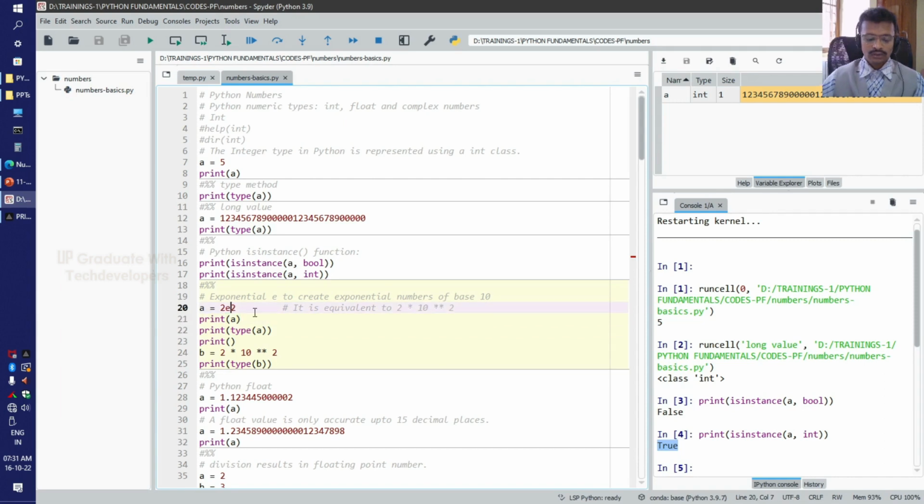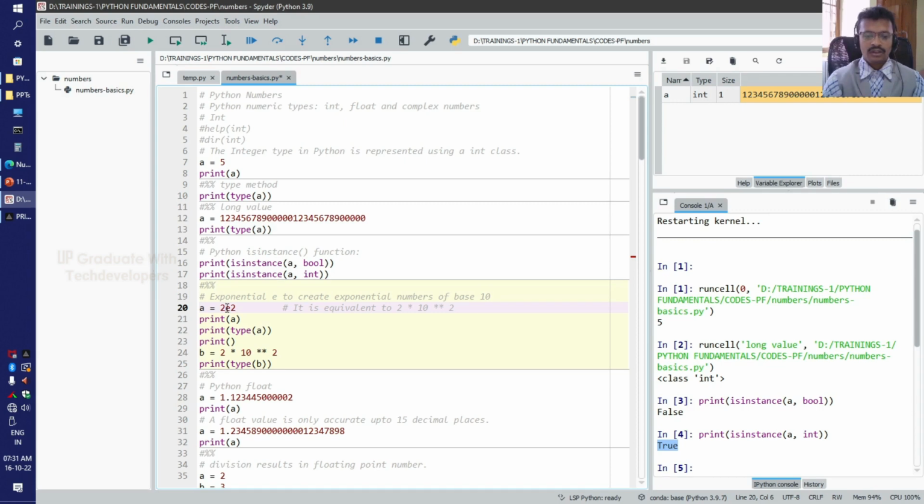Here I can't use the star symbol, otherwise it results in an error. There should not be any special characters between e and the number.